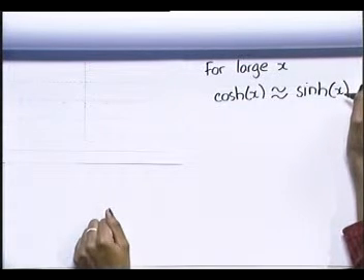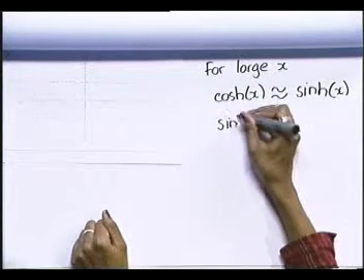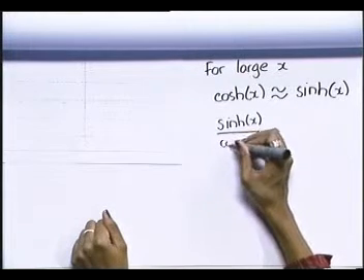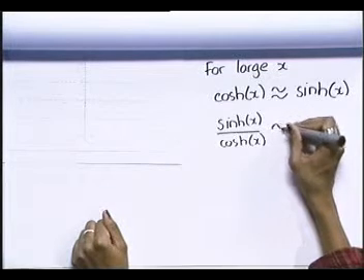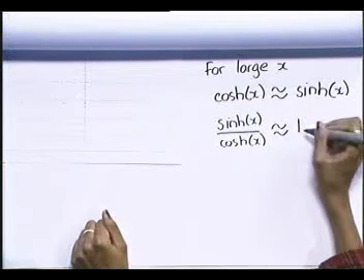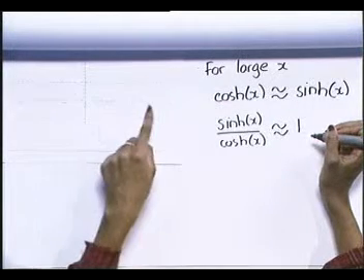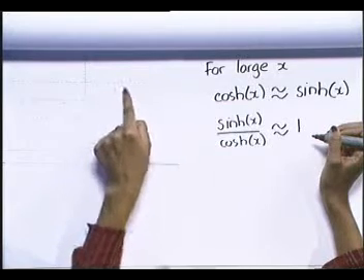So that must mean that sinh x over cosh x must be very close to 1. So as x gets large, we should expect tanh x to get very close to 1.